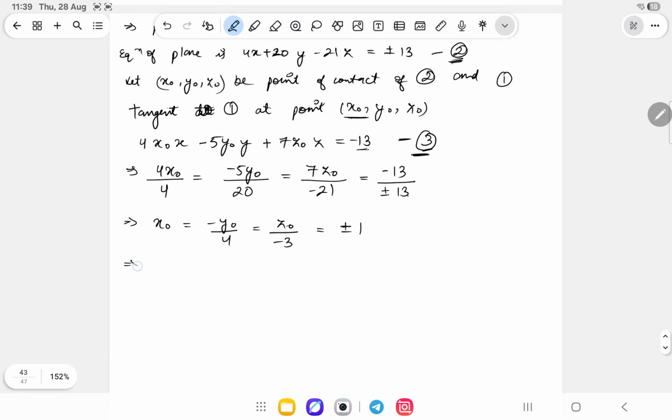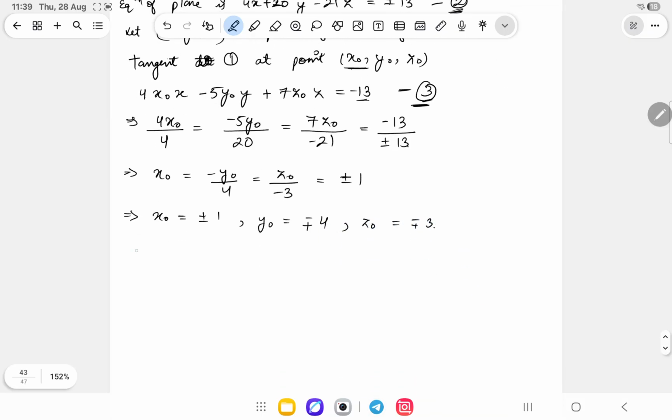So from here I got my x naught as plus minus 1, y naught as minus plus 4 and z naught as minus plus 3. So the points of contact are 1, minus 4, minus 3 and minus 1, 4, 3.